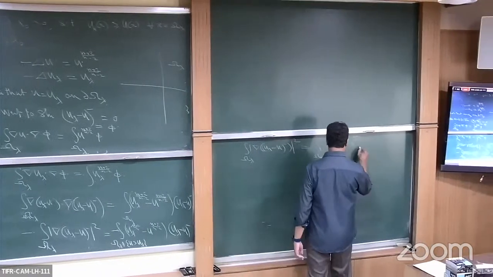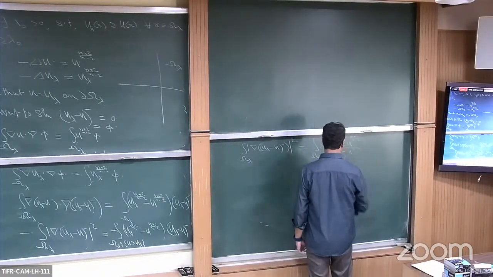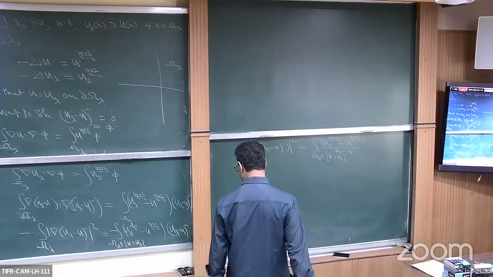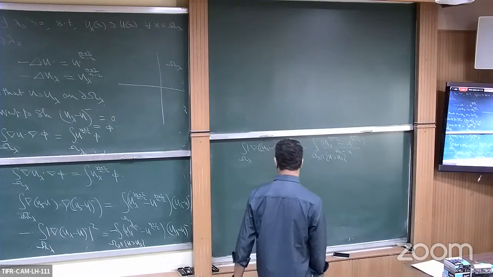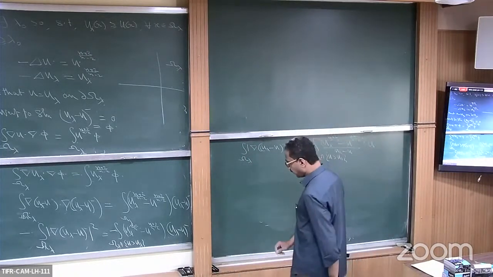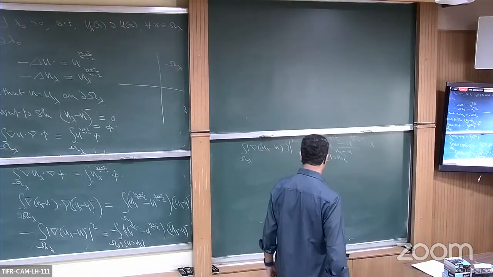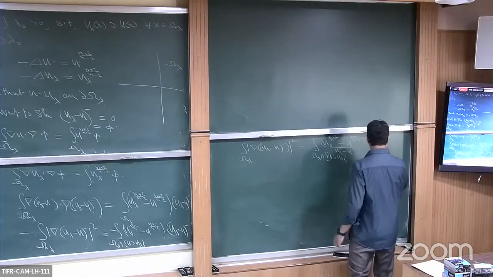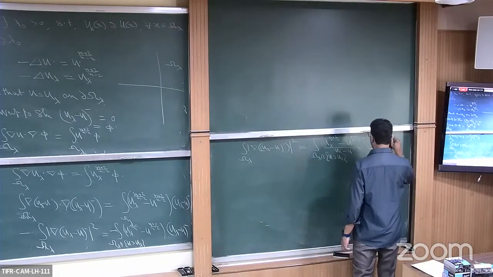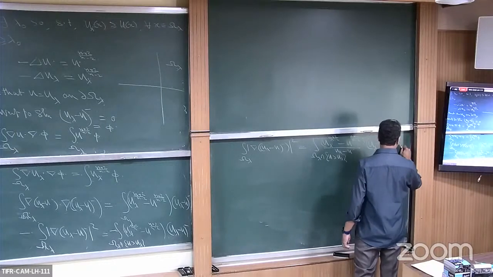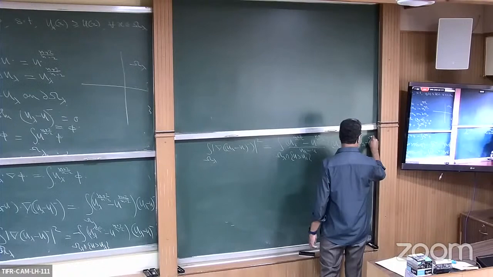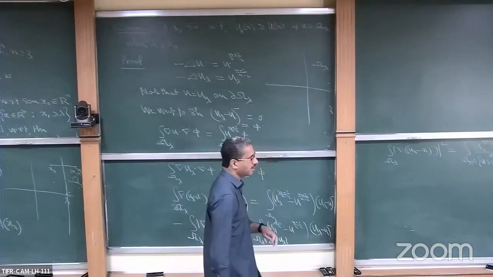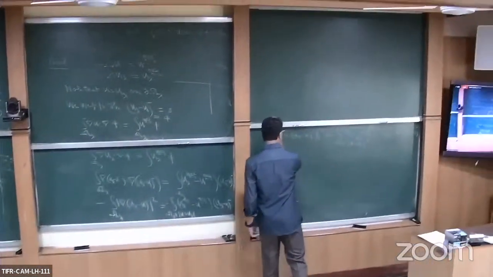So what I can do here is divide by u lambda minus u, and then multiply with the sign. Earlier there was no minus here, so now there will be a minus.